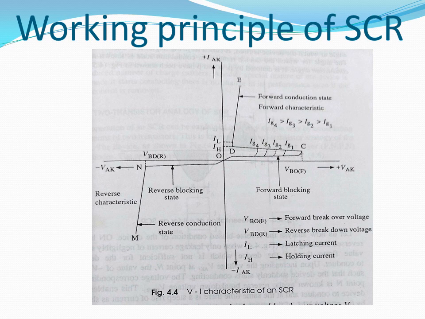The two outer junctions J1 and J3 are forward biased under this condition, but the middle junction J2 becomes reverse biased.